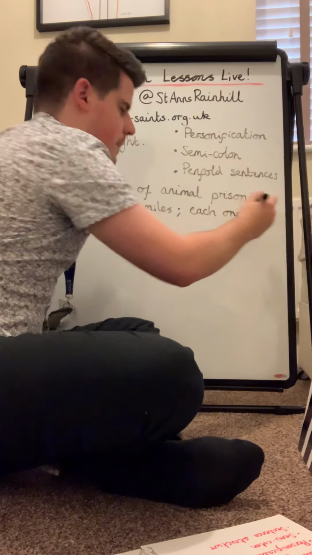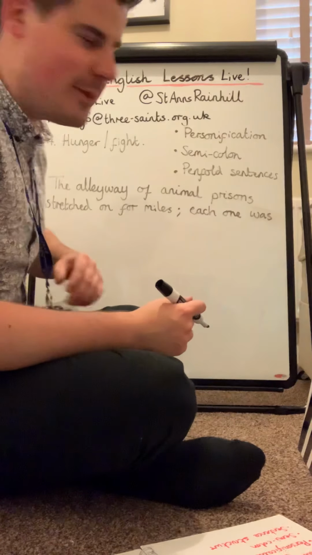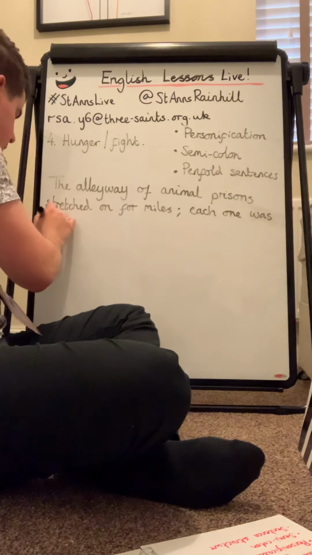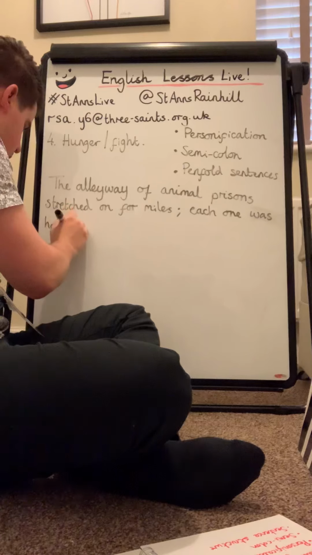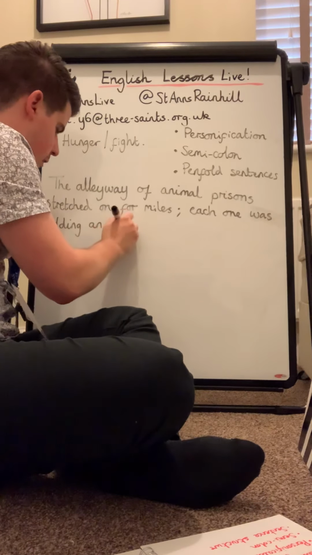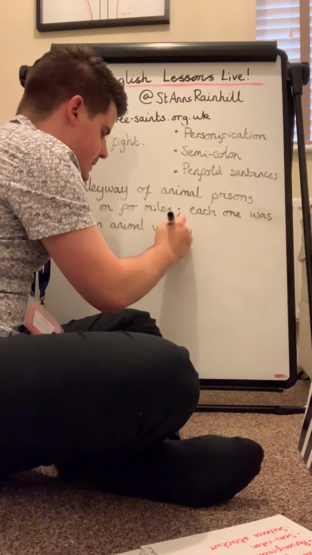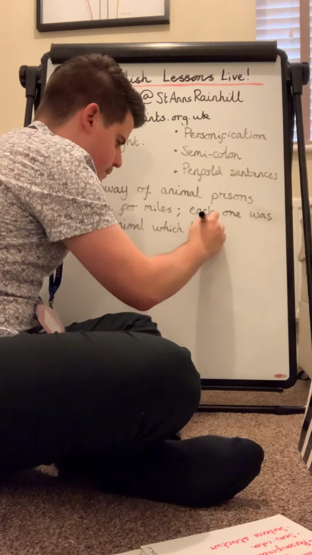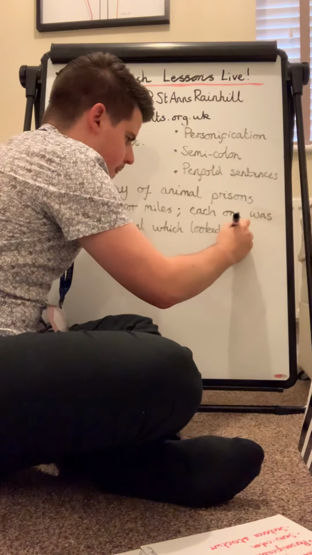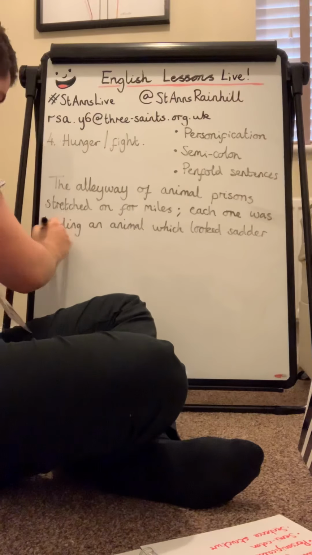Considering we've just done a starter and progressive, I was trying to miss out the auxiliary verb then, but each one was holding an animal which looked sadder than the last. And by sadder than the last, I mean than the last animal that came before it.